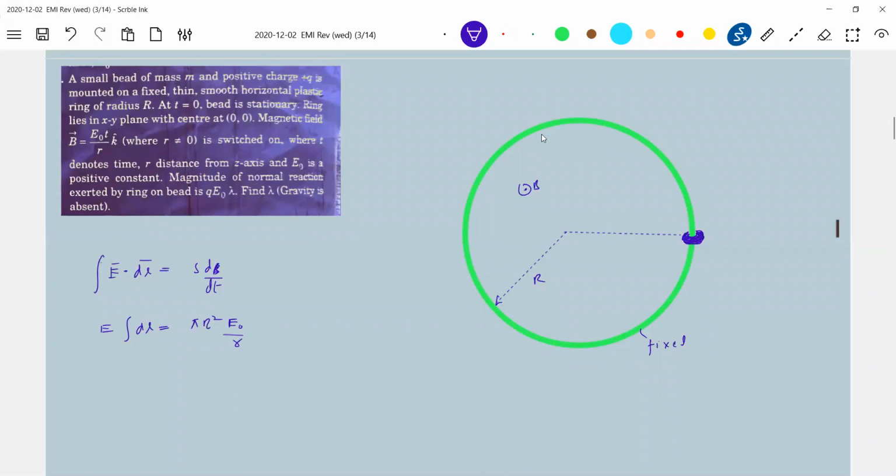B as a function of time, after differentiating, will give this. What is the dl? This is a dl, and this will be E bar. It should be tangential everywhere. So this should be 2 pi r.